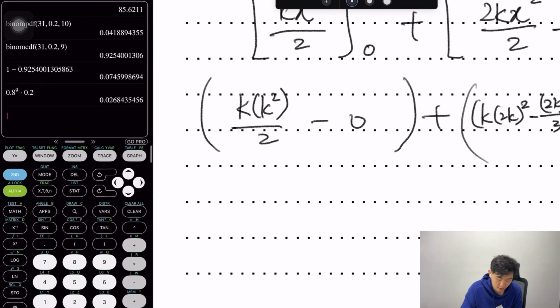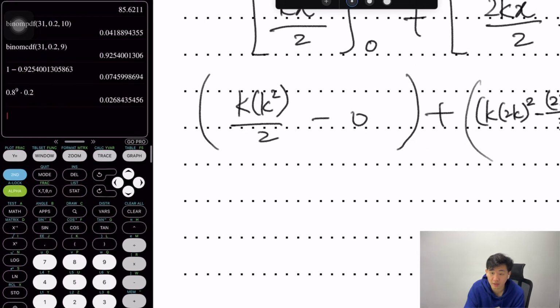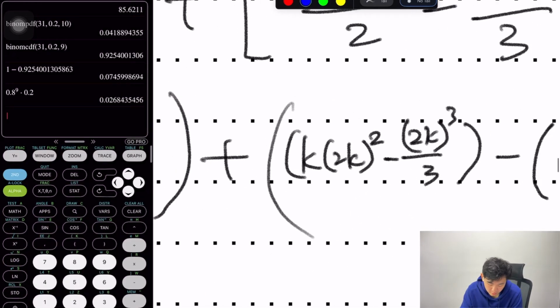Okay, write it clearly. So what you're going to have here is k cubed over 2 plus, what is that here? Now, you distribute a little bit. I'll use the pink pen to show you.